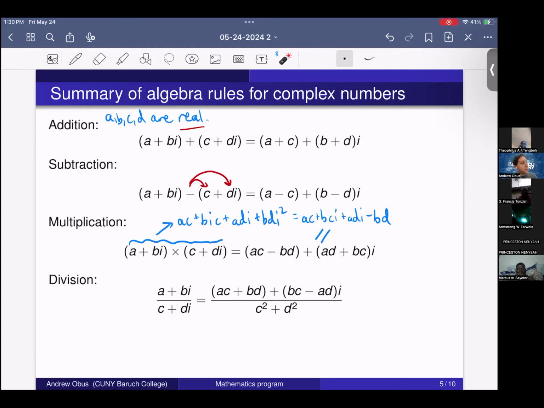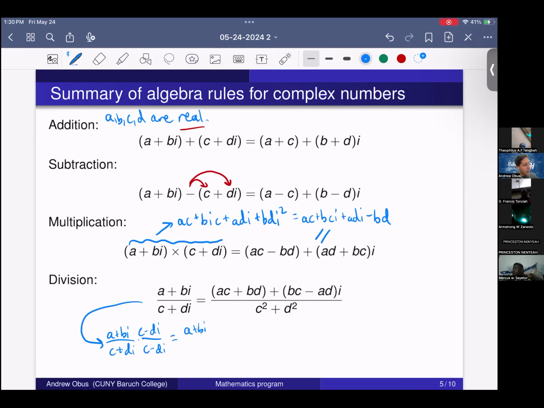Okay. And then division is similar, but it's a little bit more complicated. If you do this all out, I can do it all out in terms of variables. We get a plus bi divided by c plus di times, we have to multiply by this conjugate, so c minus di over c minus di. And then what is this?